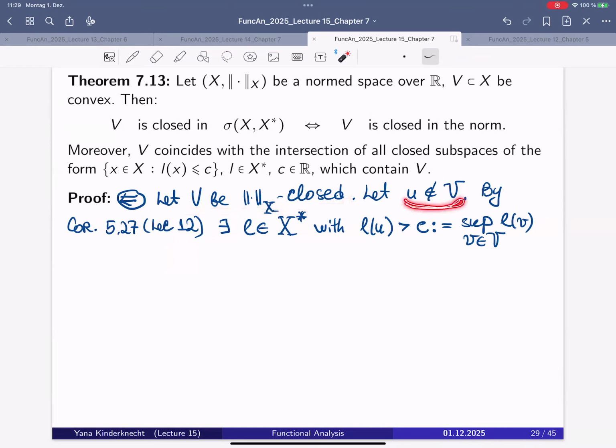U is a point which does not belong to V. So by Hahn-Banach, we may separate them by a suitable linear functional.